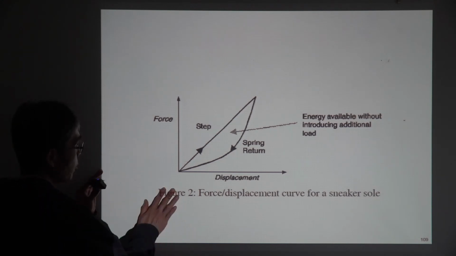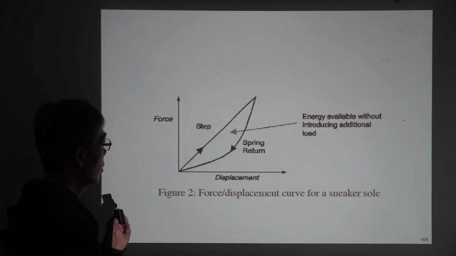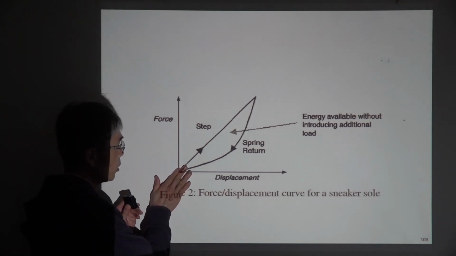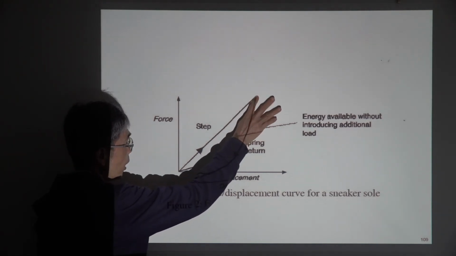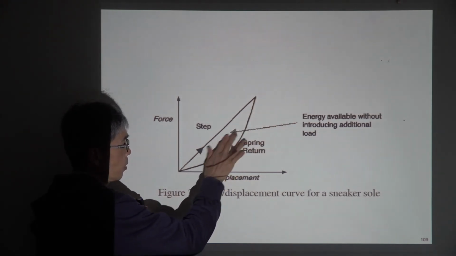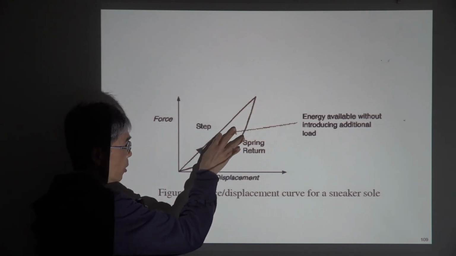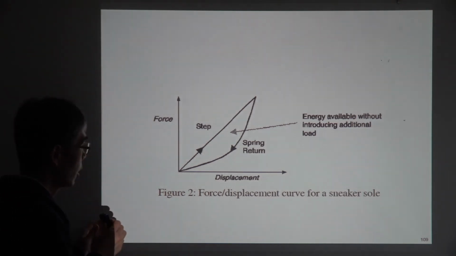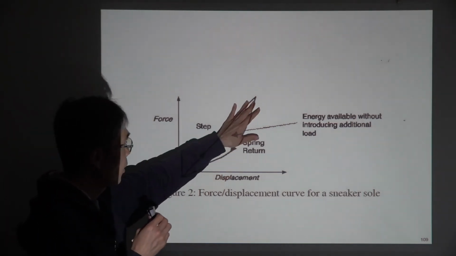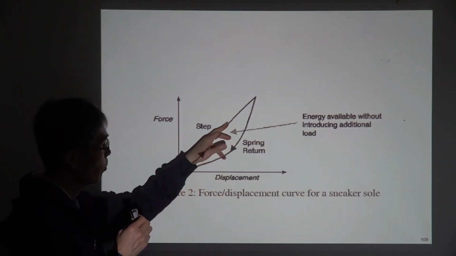So, for example, in the force displacement curve, we know if we increase the force, then this is the highest force point, and we release the force. Usually, for elastic material, it could follow this curve and come back, but for some other material, the return path may not follow the original path.